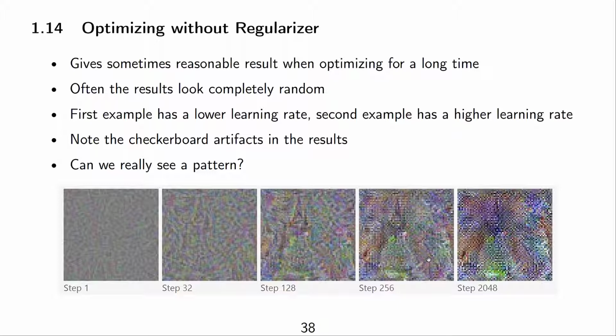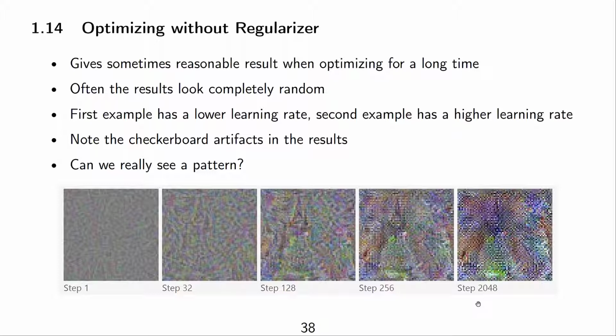We're going to show two examples, one with a lower learning rate and then a second example with a higher learning rate. The example on the bottom of this slide is the example with the lower learning rate. If you look at the visualization after 2048 steps in the bottom right corner, it is very difficult to interpret what is going on here.